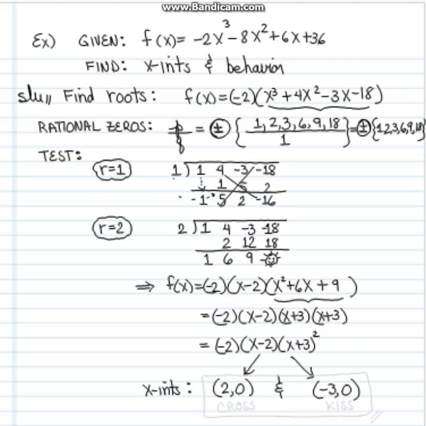And this one, 2, 0, had a power of 1 in the factorization, which is an odd power. So according to our note about end behavior, that means that 2, 0 is a cross. It crosses the x-axis. While the factor for negative 3, x plus 3 squared, has multiplicity 2, even multiplicity. That means it doesn't cross, it kisses the x-axis. And those are our answers.